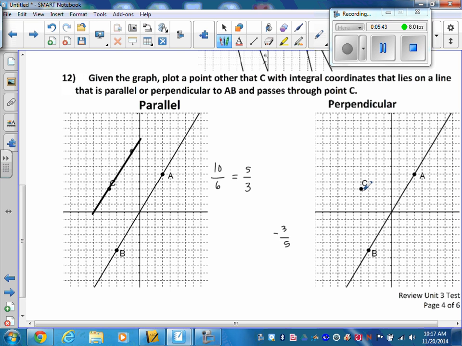So I'm going to start with C, and I'm going to go 1, 2, 1, 2, 3, 1, 2, 3, 4, 5. So this one is going to be perpendicular. So I'm going to use my line piece to go this way. And you can see that this is perpendicular to that.